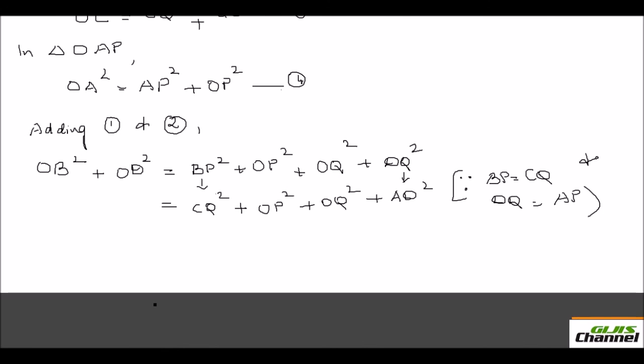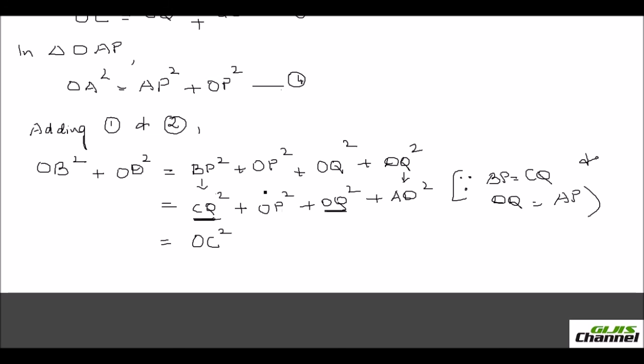Now what happens? I can just add up. When you do CQ square and OQ square, you will end up with OC square, right? Remember, CQ square plus OQ square will give you OC square.